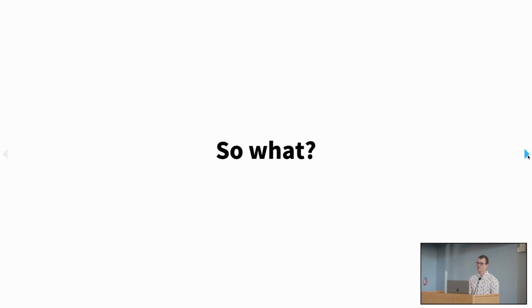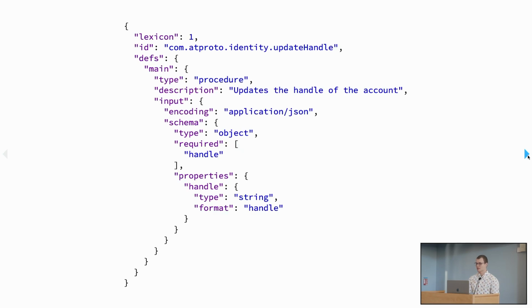So the first thing about the documentation that you will notice is that everything is specified in what's called a lexicon, which is a JSON-based thing that tells you, well, in this case, you have something called update handle under a namespace atproto identity. So if you've ever programmed Java, this might give you some flashbacks, but basically it's a namespace, right?